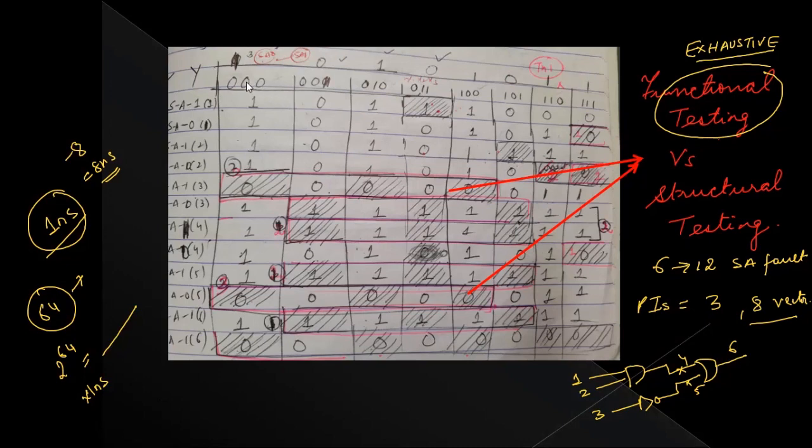जो हम कर रहे हैं वो हम कैसे कर रहे हैं ये देखिए. What I have done is मेरे सारे 8 possible combinations लिस्ट कर लिए और एज्यूम किया कि यहाँ पे stuck at 1 मॉडल है, मतलब यहाँ पे stuck at 1 फॉल्ट है एट द नोड 1. सो अगर नोड 1 पे stuck at 1 फॉल्ट है, अगर मैं 0 0 अप्लाई कर रही हूँ तो मेरी आउटपुट क्या आएगी 0 0 0.